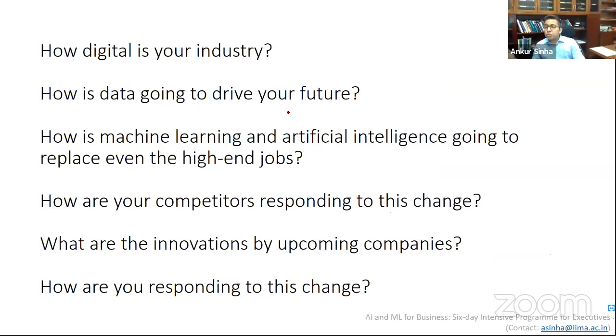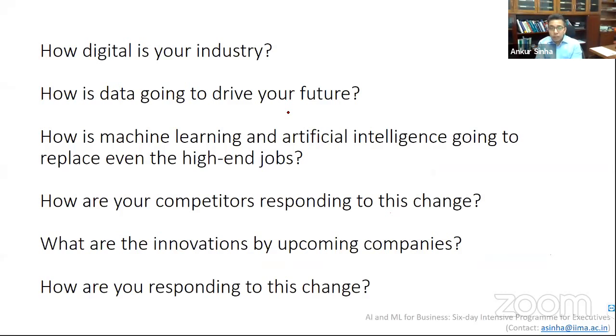And the question that we are grappling with right now is that these machine learning and artificial intelligence tools are replacing the jobs in services. This entire business, BPOs and all, where people used to interact with the customers, it's mostly bots. It's mostly machines interacting with the customers. That means all those jobs have disappeared.